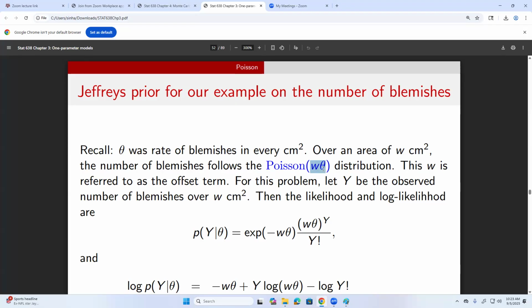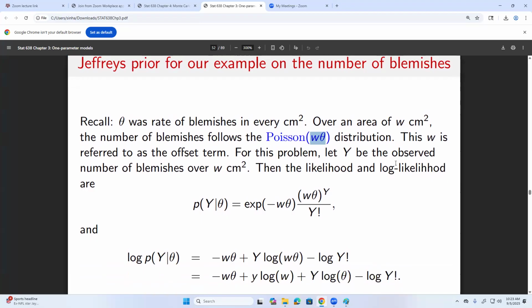If we assume the number of blemishes per square centimeter follows a Poisson distribution with parameter theta, then over area W centimeter square, it will again follow a Poisson distribution with parameter theta times the area of the film. This W is referred to as the offset term.